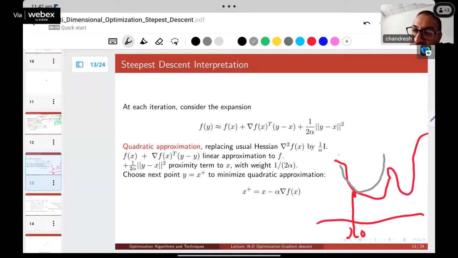What does a linear approximation mean? You use a line to approximate this function. Quadratic approximation will approximate this complicated horrible function using a second degree polynomial. If I plot ax square plus bx plus c, it is nothing but the equation of a parabola. So quadratic approximation is like this.